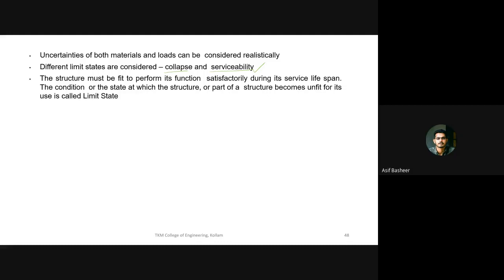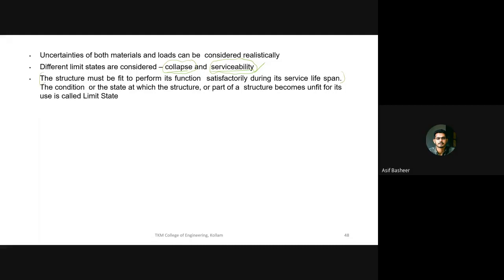But in limit state of collapse, collapse means the structure is not usable after reaching this limit state, whereas the structure can be made usable even if it reaches limit state of serviceability. I can summarize it as: the structure must be fit to perform its function satisfactorily during its service lifespan. Whatever is the intent of the structure, it should perform its function properly.